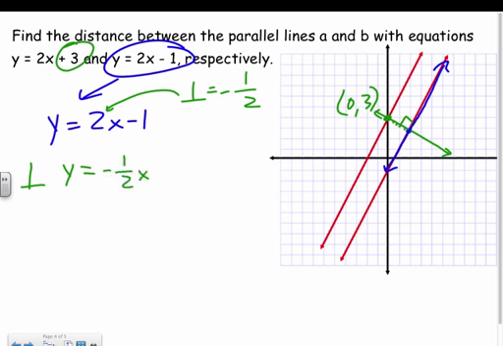And to find the y-intercept, well, do I know the y-intercept? I do, don't I? Isn't it this guy right here? Y-intercept of 3? So that helps me out. That's why it's nice to have that picture, because I can visualize that with my green line, my line that's perpendicular. So now I have my two equations, y equals 2x minus 1 and y equals negative 1/2 x plus 3.